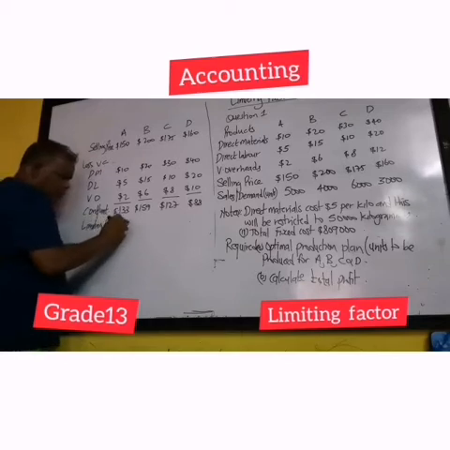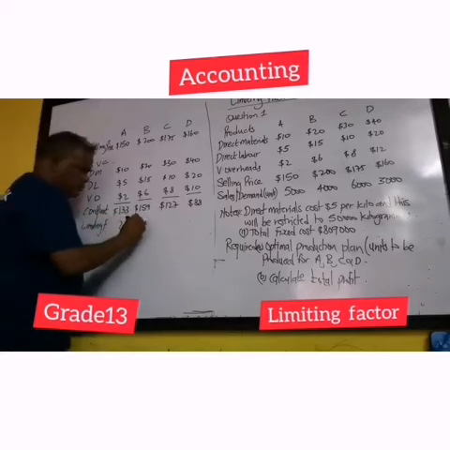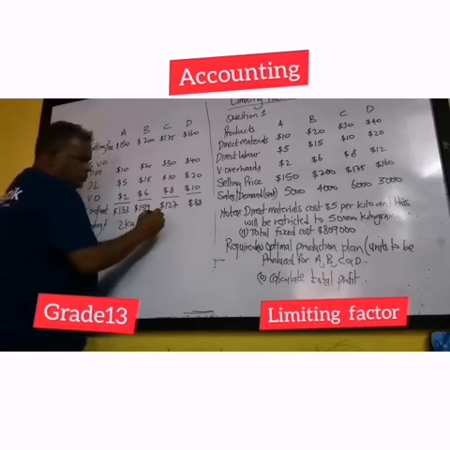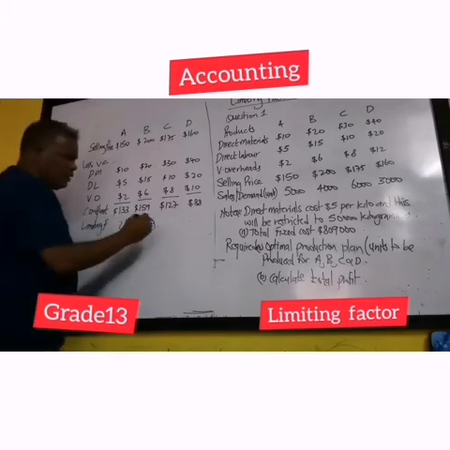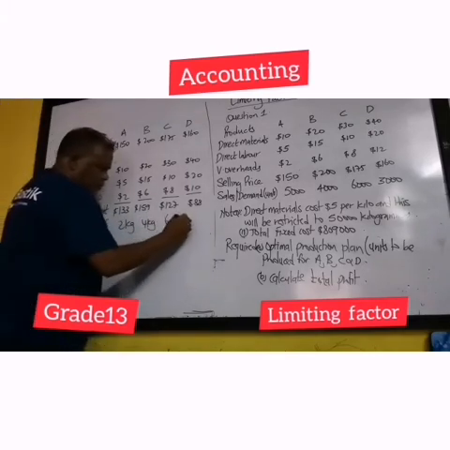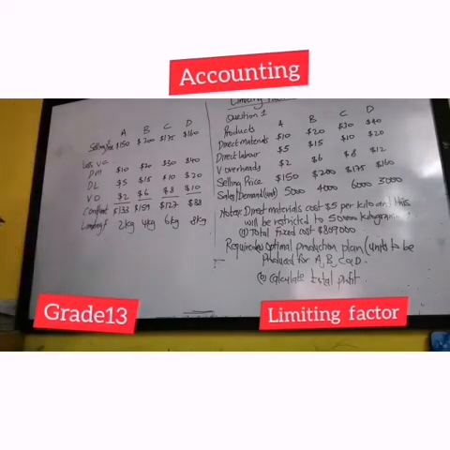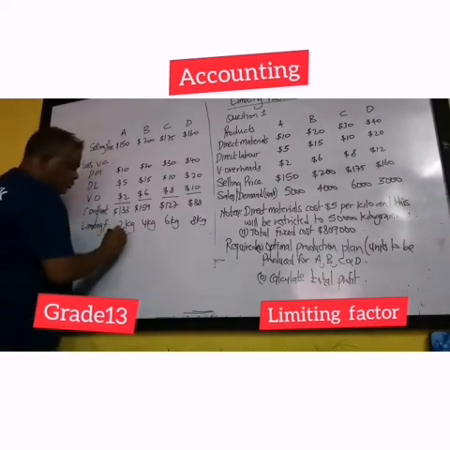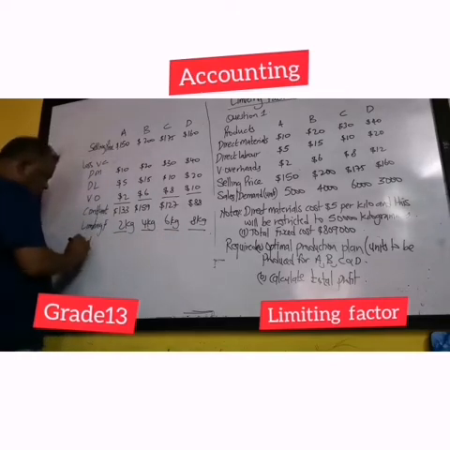We have to put the limiting factor: 2 kilogram, 4 kilogram, 6 kilogram, and 8 kilogram. So this is the limiting factor that we have identified, and then we have to calculate contribution per limiting factor.